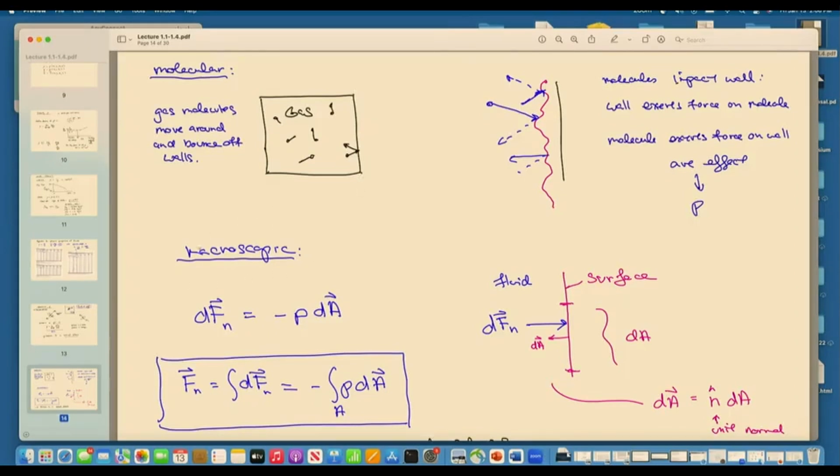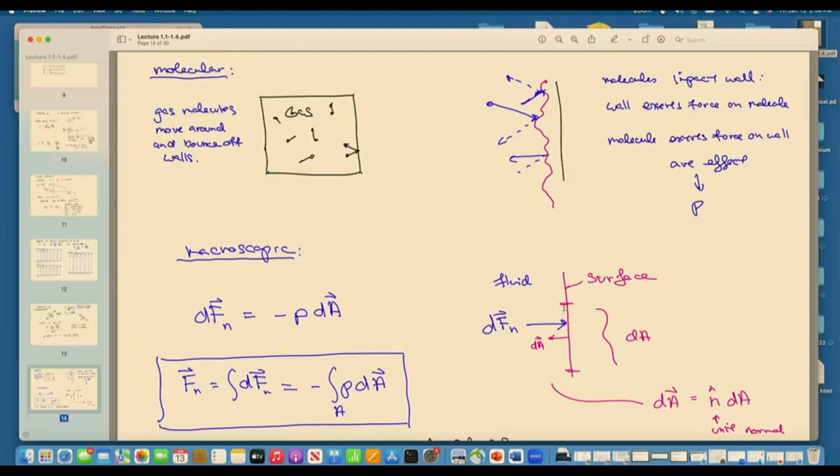So from the macroscopic point of view, if we look at some surface, and then look at this differential area, so it's just this little section here, it will have a magnitude dA. There will be some height and then a width into the board. Small, so it's a differential area.